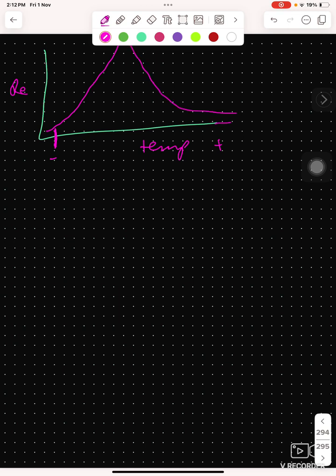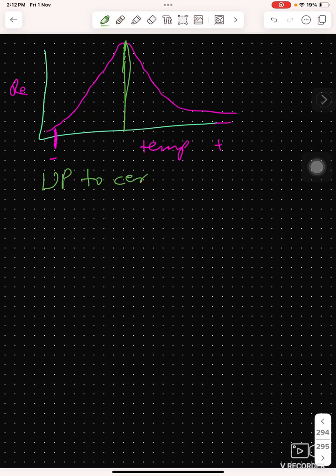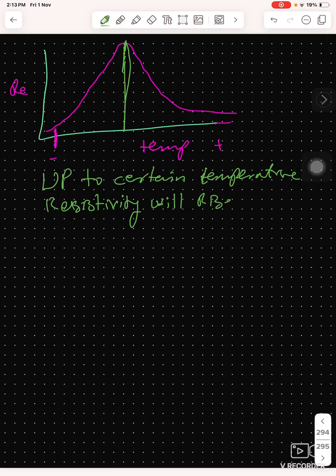So here one more thing is that up to a certain temperature, resistivity will rise, then fall again.